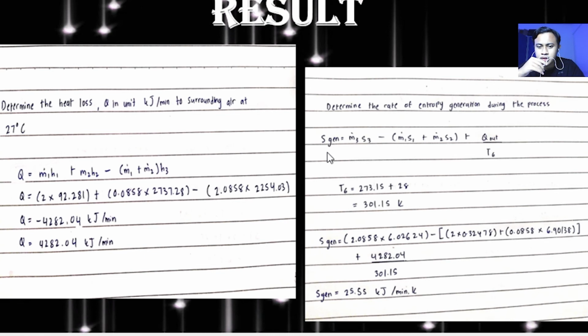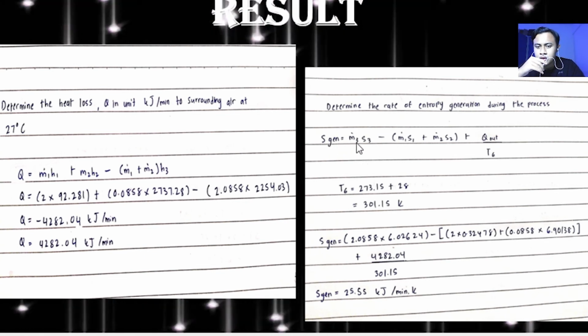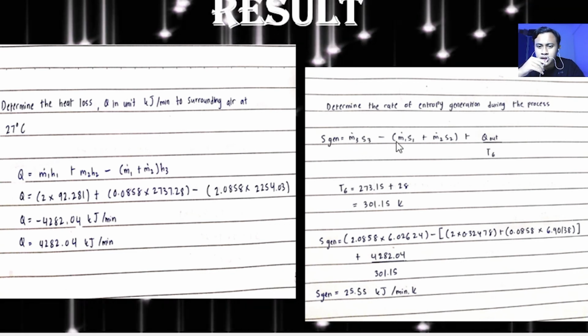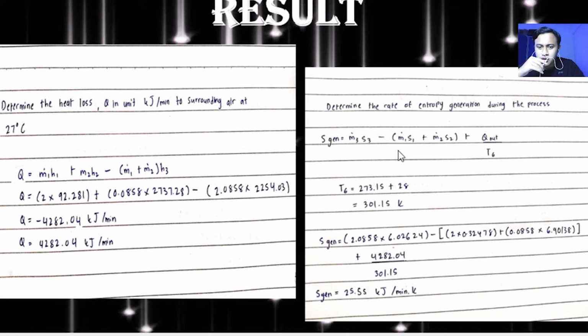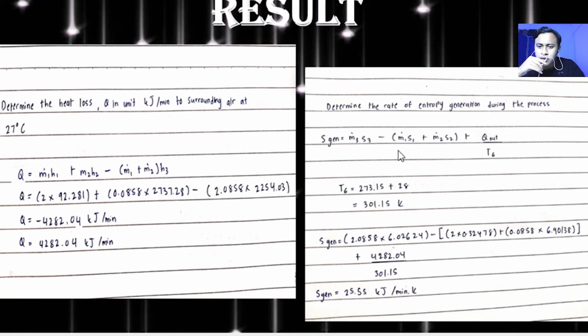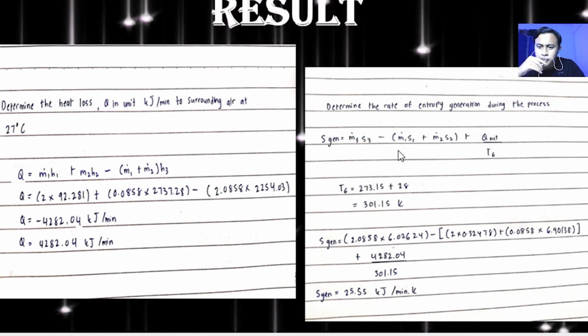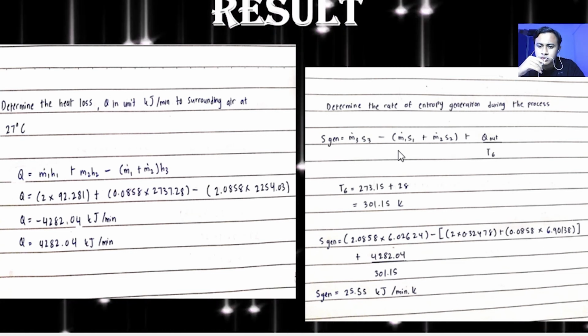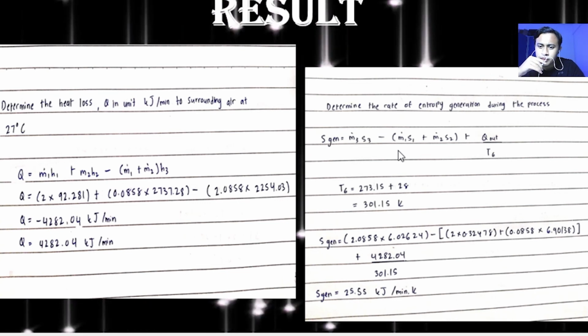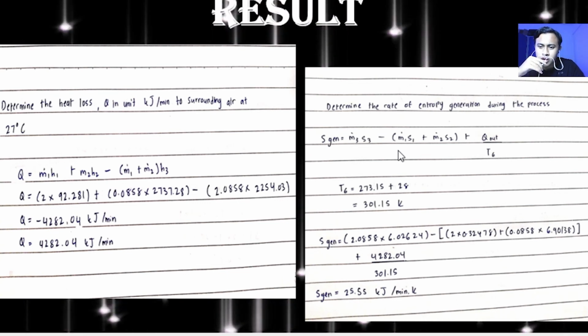After that, we need to determine the rate of entropy generation during the process. The formula is flow rate 3 times entropy 3 minus flow rate 1 times entropy 1 plus flow rate 2 times entropy 2, plus Q out over T6.